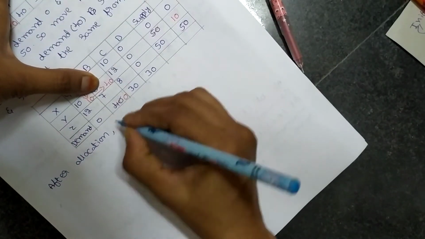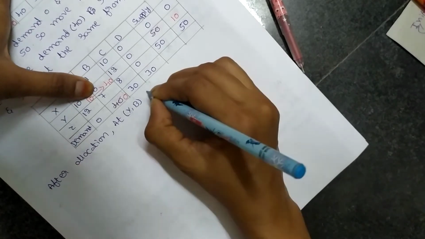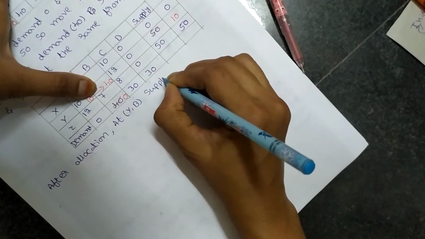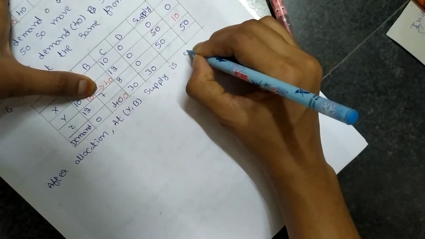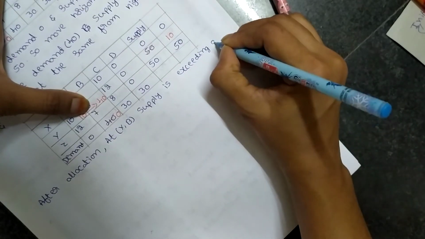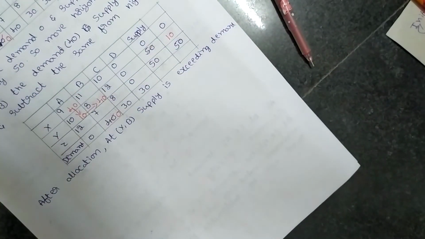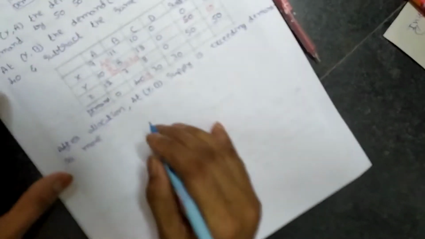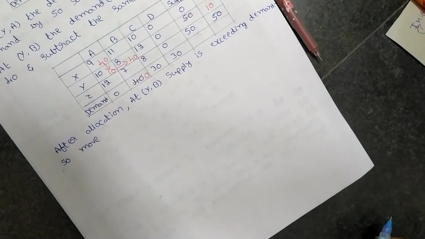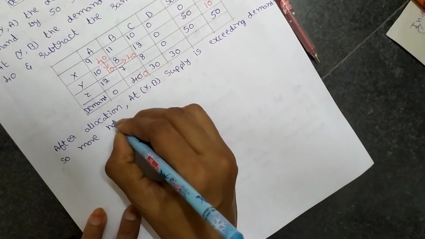After allocation at y comma b, supply is exceeding demand. So supply is exceeding, that means we need to move horizontally.